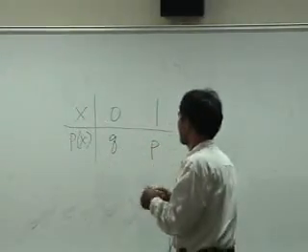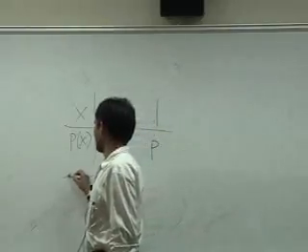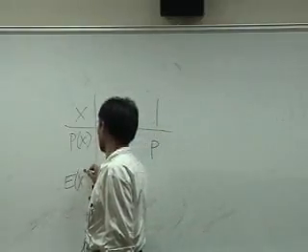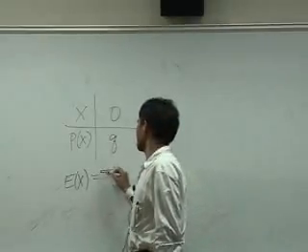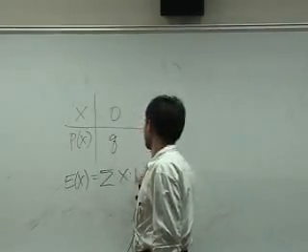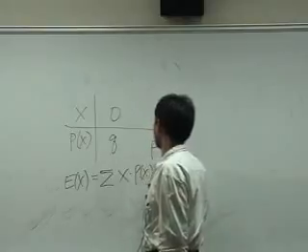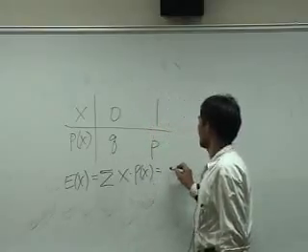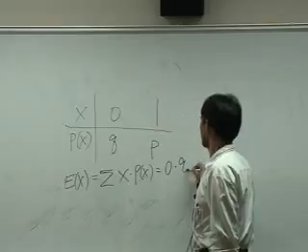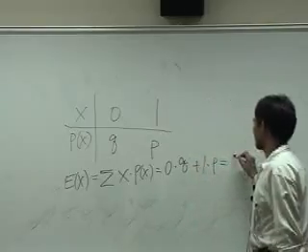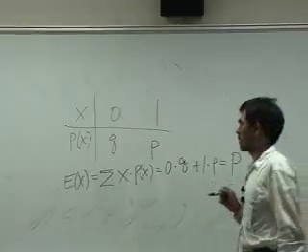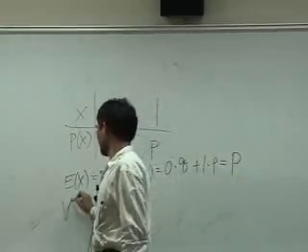So the same thing, you are going to get the expectation of X. Expectation of X is equal to the summation of x times P(x). So that is equal to 0 times q plus 1 times p, which is equal to p, right?